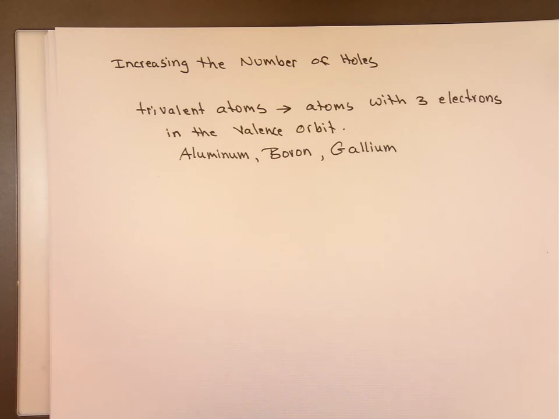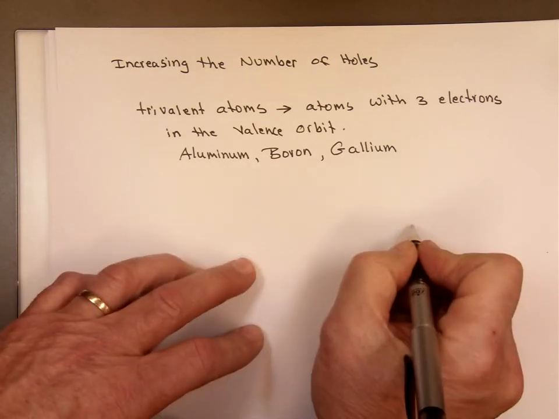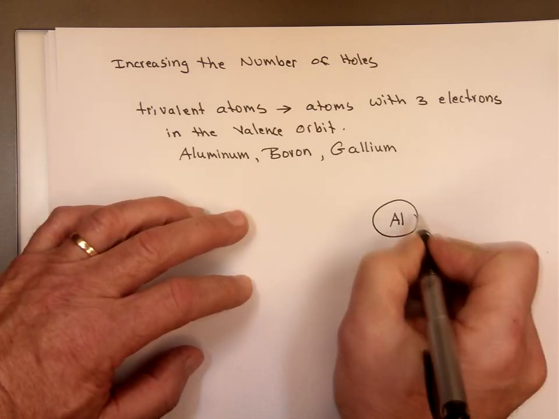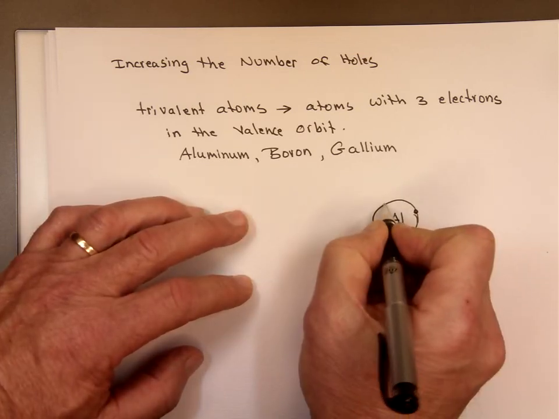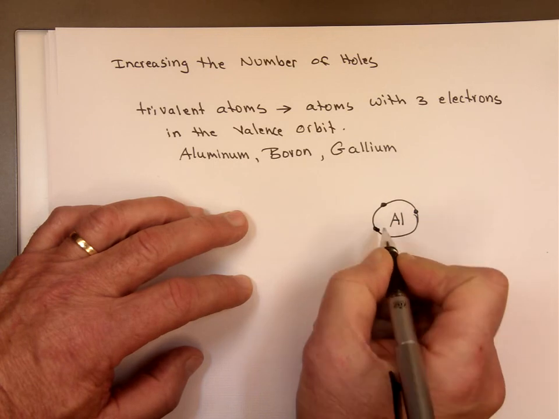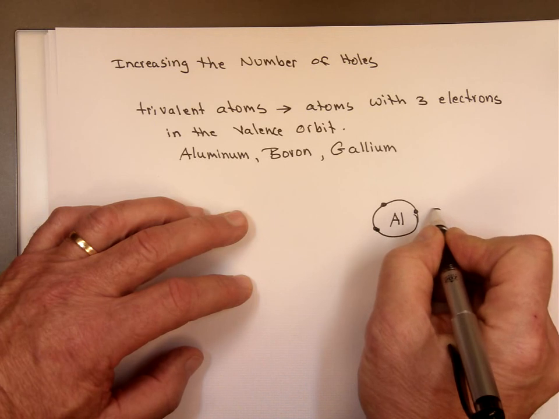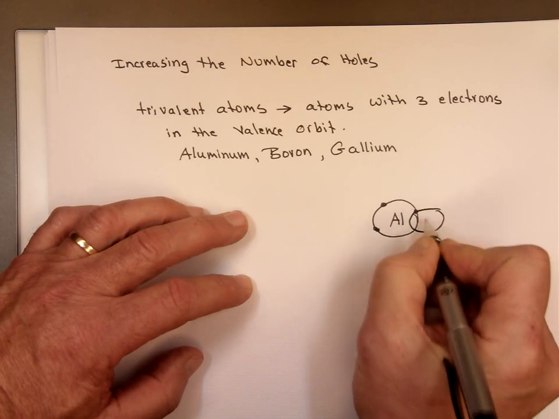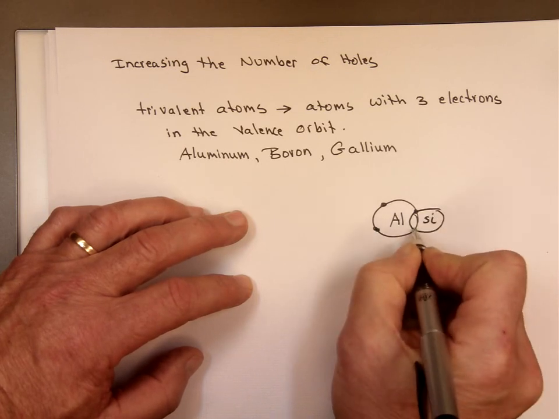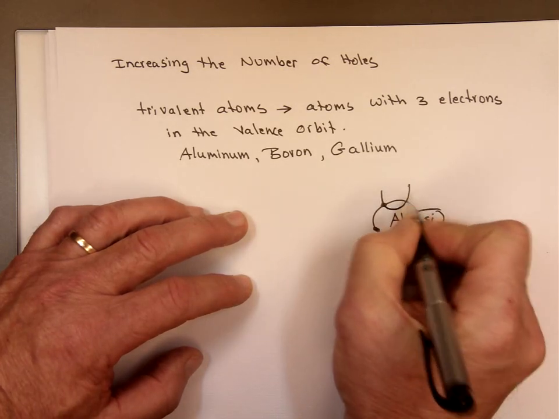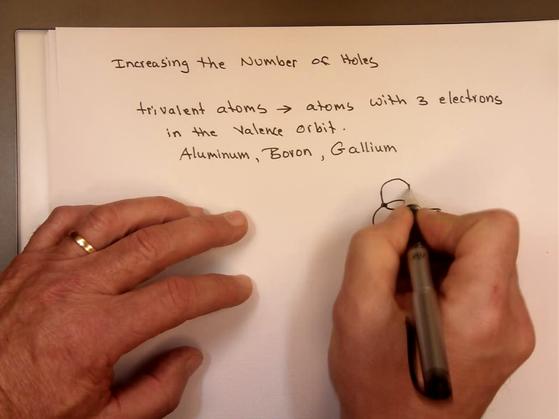So what will happen if you take an aluminum and you add it to a silicon there? Aluminum has 3 electrons. There's 1 here, there's 1 here, there's 1 here. So a silicon chip is going to come and share that with it. Now we've got an extra 1 here. Another silicon chip will come and share this one with it. That's a silicon.